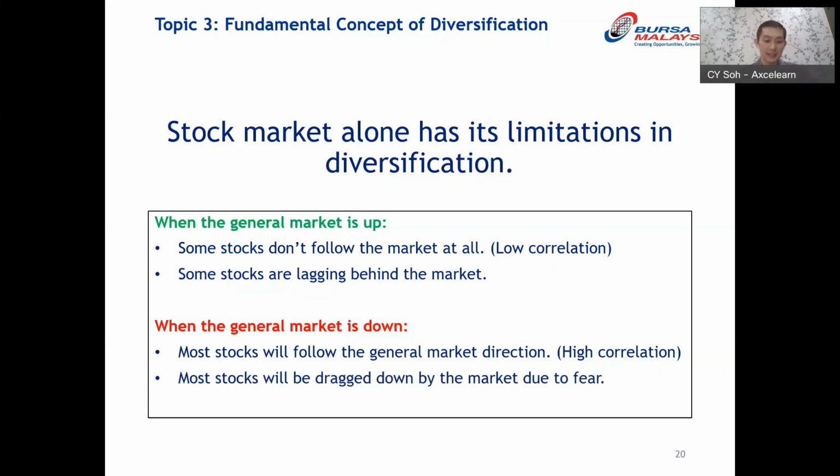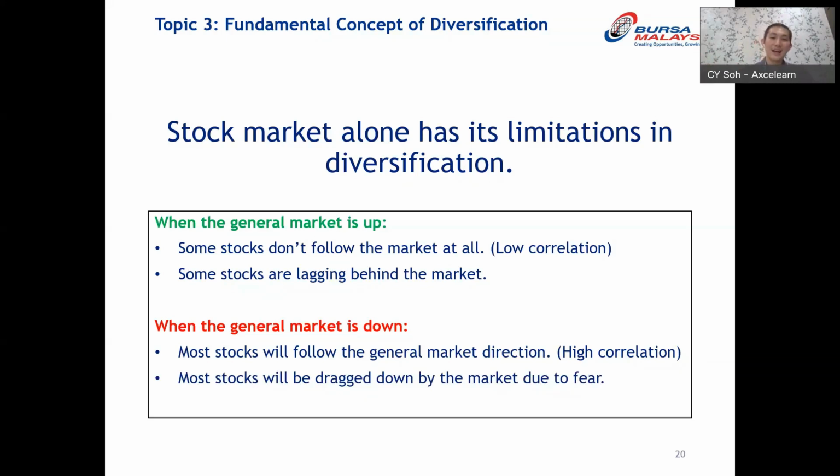This theory has been studied widely by researchers, and it is quite valid. Some of you might have experienced this already: sometimes the market goes up and your stock doesn't follow at all, but once the market comes down, your stocks generally follow, right?